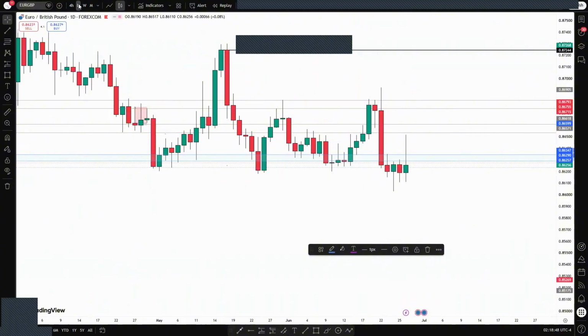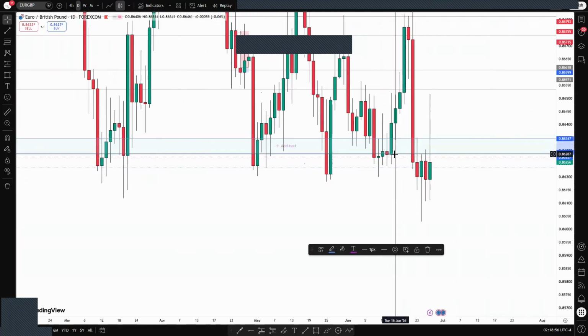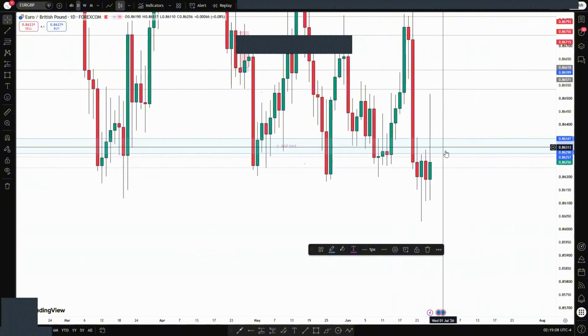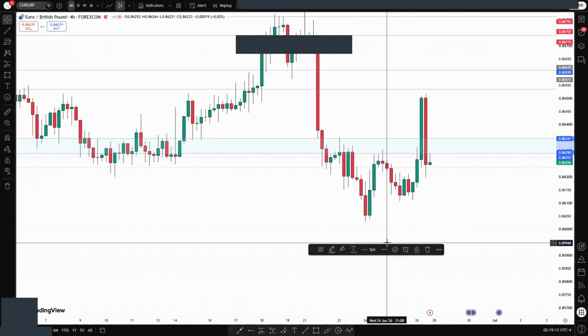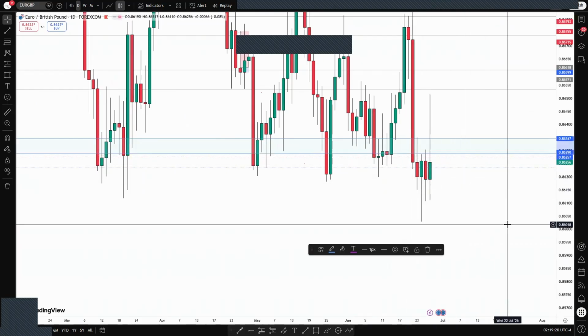So what do we do in this case? Price tested this level, and if you look at the forward time frame, on the daily time frame itself, we can see that I can still sell this pair very much perfect.